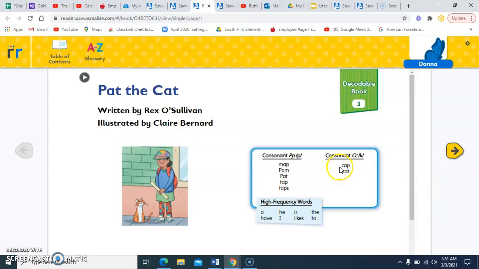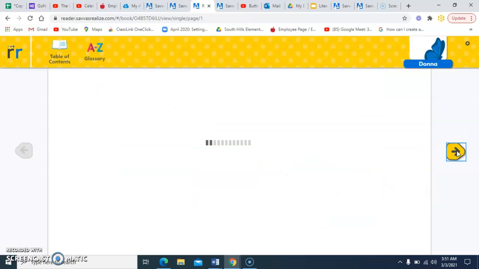Then we have cap and cat. We have the high frequency words a, have, he, I, is, likes, the, and to.